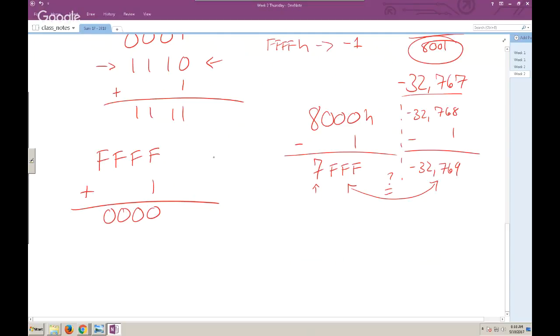This would be the same as us saying negative 1 plus 1, right? Does this one work? What's negative 1 plus 1? We're bending your minds now, right? So does this work? Why does it work one way, but not the other way?